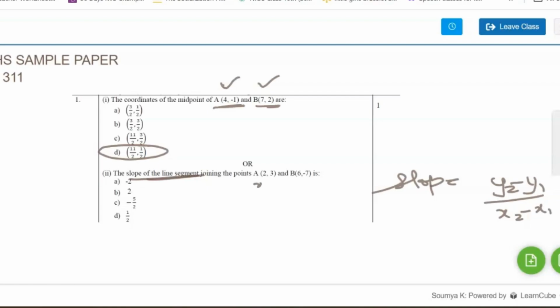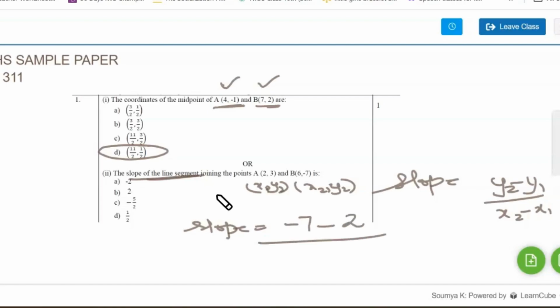So easily here it is given x1, y1 and x2, y2. To find the slope, apply the formula. So y2 is -7 minus y1 is 2, write it down, whole divided by x2 is 6 minus 2. Solve this one, so you will get minus 9 by 4.